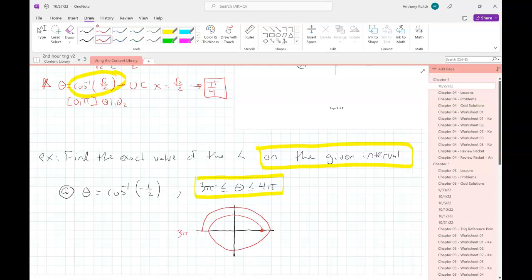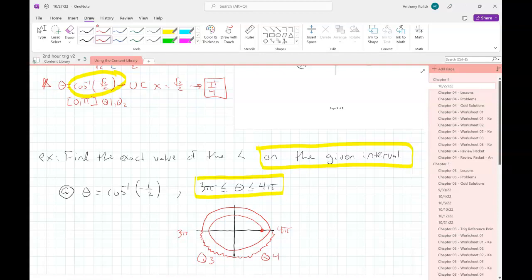So the start of my interval I'm looking on is here. 3.5 to 4 pi. What two quadrants did I cover there between 3 pi and 4 pi? Quadrants 3 and quadrants 4.